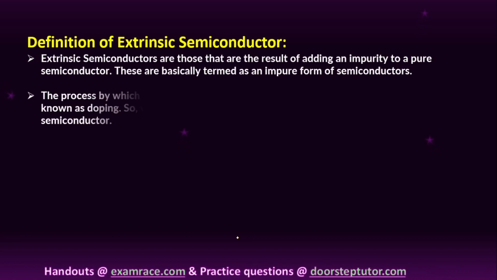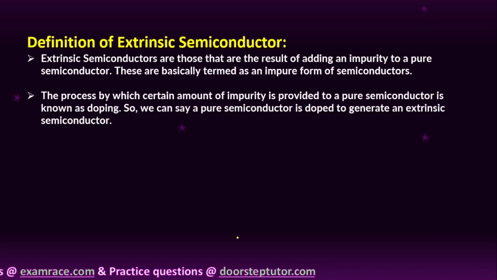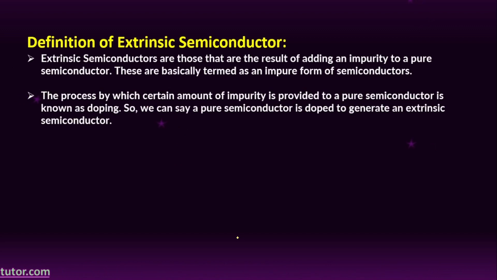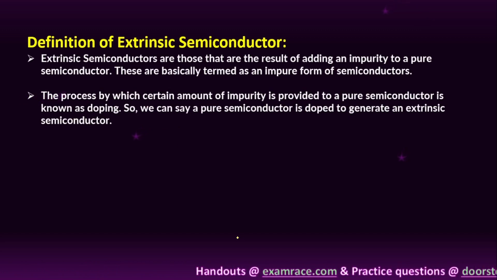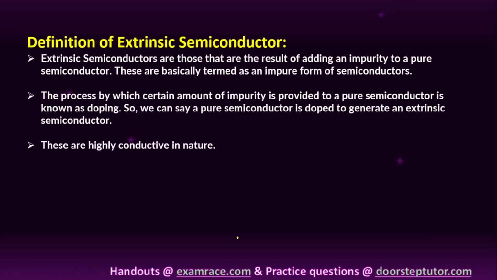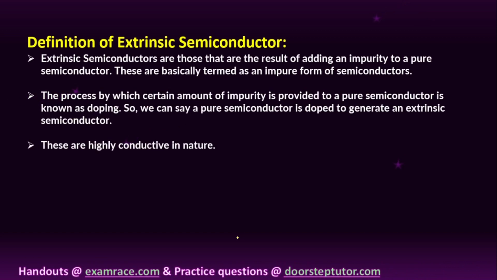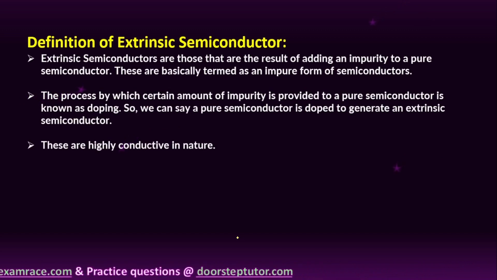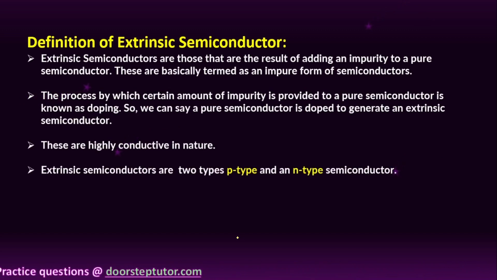The process by which a certain amount of impurity is added to a pure semiconductor is known as doping. So a pure semiconductor is doped to generate an extrinsic semiconductor, right? Extrinsic semiconductors show high conductivity in nature.